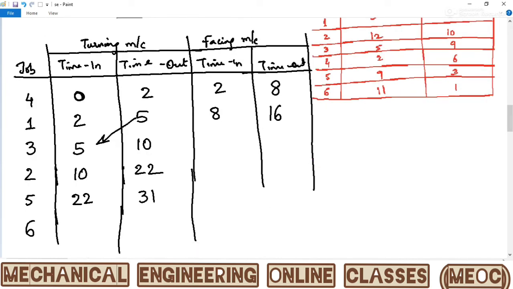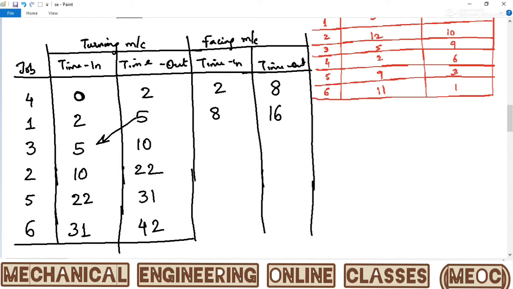When is the turning machine free for job 6? After 31 minutes. So from the 31st minute, how many minutes will it take on the turning machine? 11 minutes. So 31 plus 11 is 42 minutes. So these are all the processing times in the same time horizon for all the jobs.